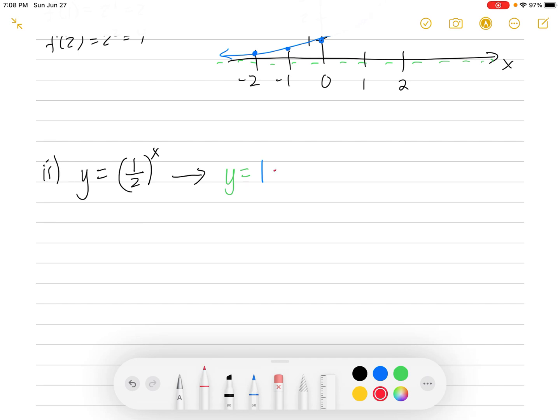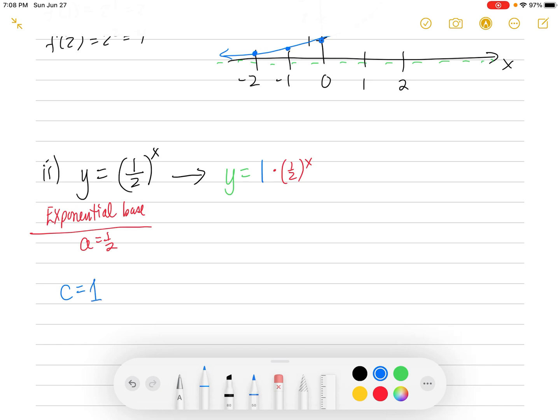If you wanted to rewrite this in the standard form for an exponential, you could write this as y equals 1, that's the c there, times 1/2 to the x power. So here the exponential base, a, is equal to 1/2.